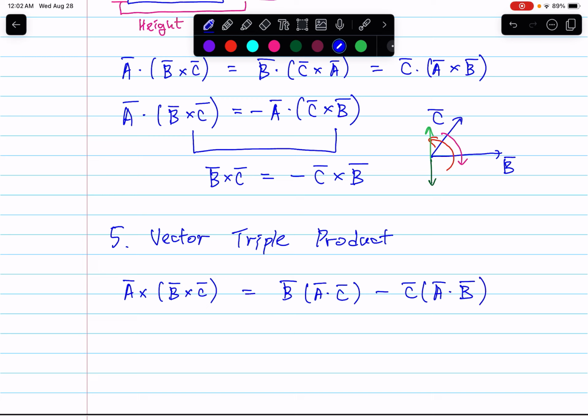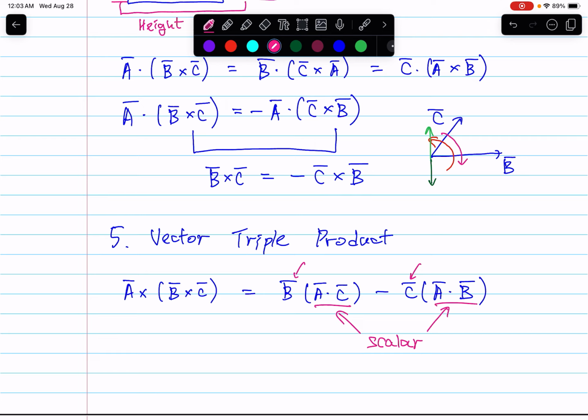Okay, so if you do a dot product between two vectors, the result is a scalar value. So these guys, this and this, these are scalar. And if you multiply a scalar to a vector, you're just changing the magnitude of basically B and C. Okay, so that's the result.